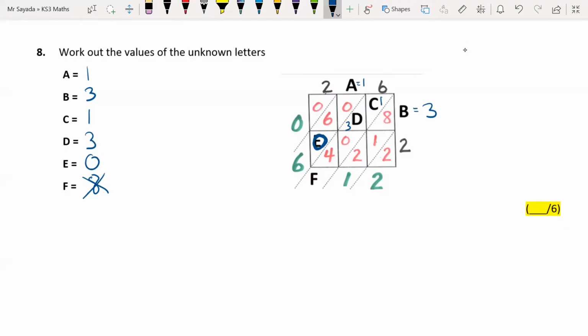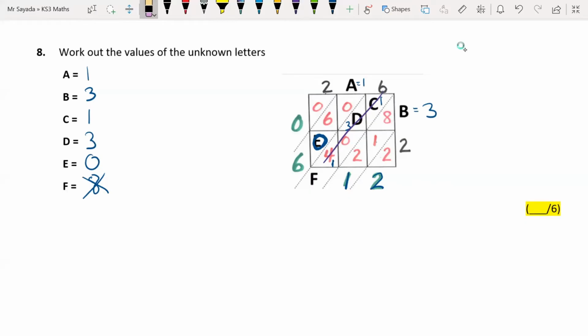So the reason F is not 8 is because you need to add the diagonals starting from the right. When we do that, we have 2, which makes 2. We then have 8 plus 1 plus 2. What is 8 plus 1 plus 2? Hopefully you've said that 8 plus 1 plus 2 is 11, which means we'd be putting a 1 here and then carrying the remainder 1, which means there's now an extra 1 in this column here.